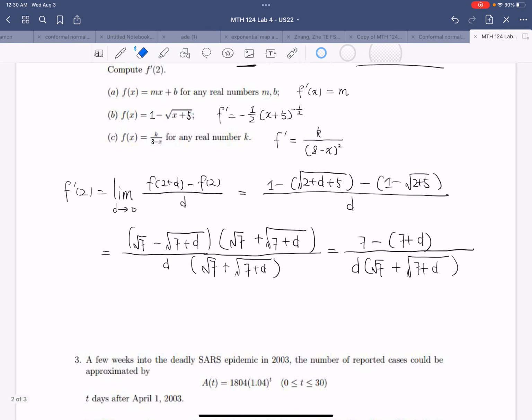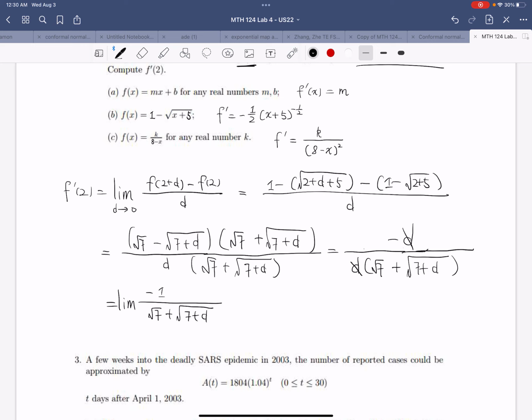The numerator is actually negative d, right? Since the two d's cancel, we get minus 1 over root 7 plus root 7 plus d.